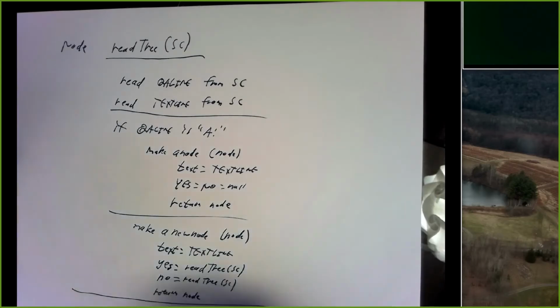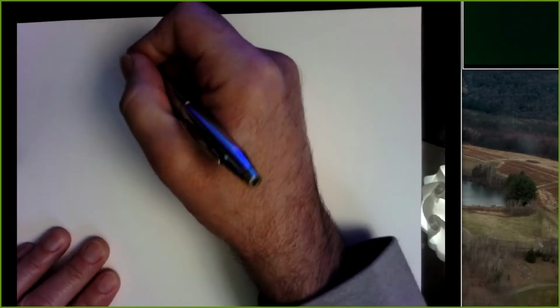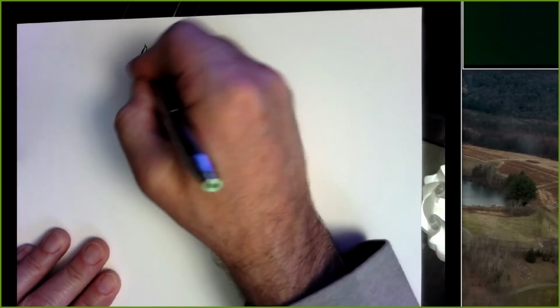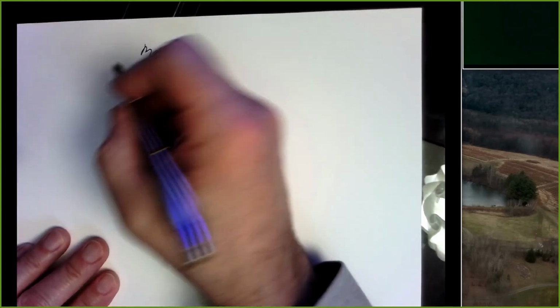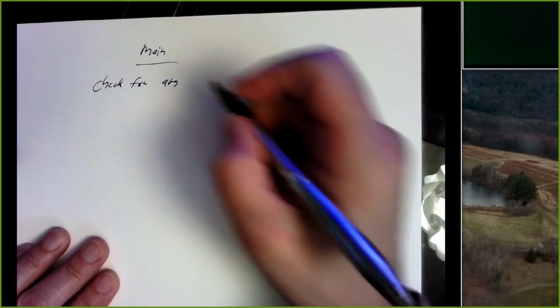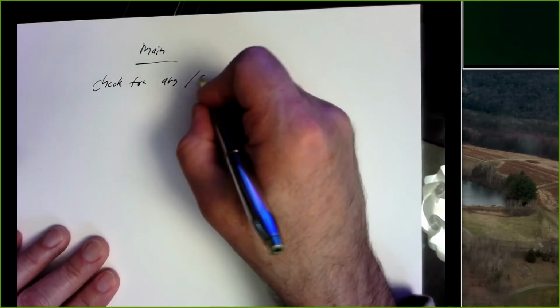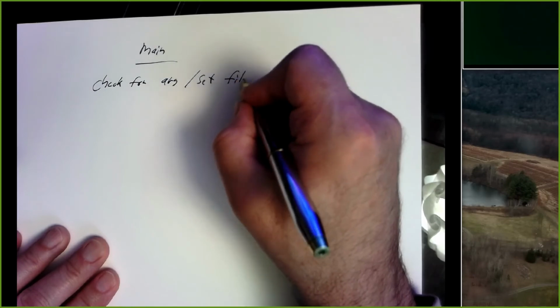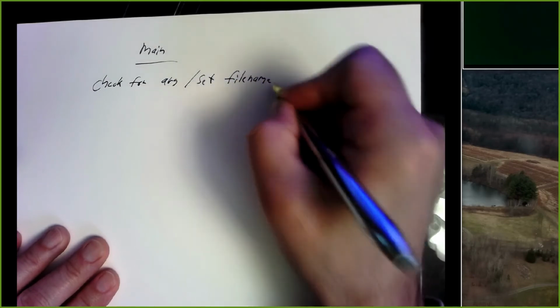And so what does your main program look like? We'll do pseudocode here, right? Check for argument. And figure out what the file name is that you're going to use.